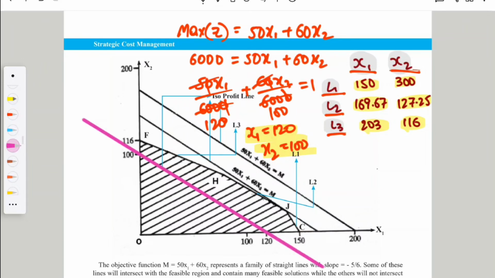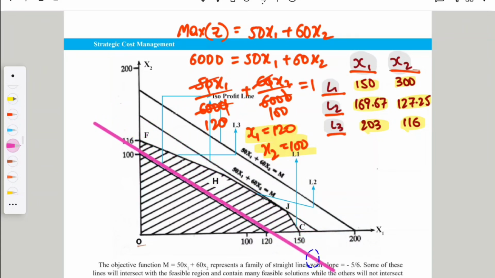So here there is 120 on the x-axis, and here on the y-axis we found 100 and we drew the line. Yes, this line is the isoprofit line. The next step for us is to move this isoprofit line across the feasible region, and the point of the feasible region which is furthest from the origin would be our solution.